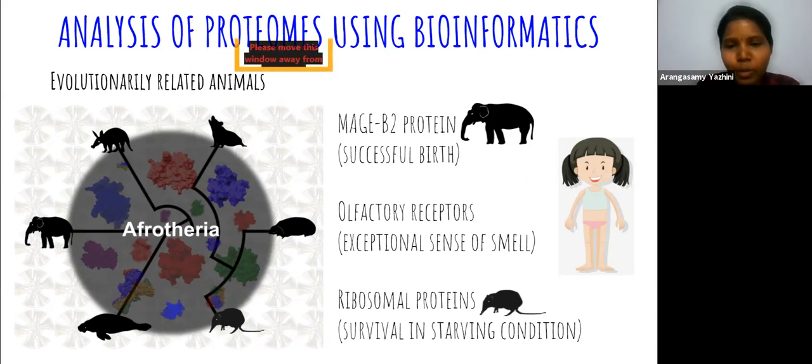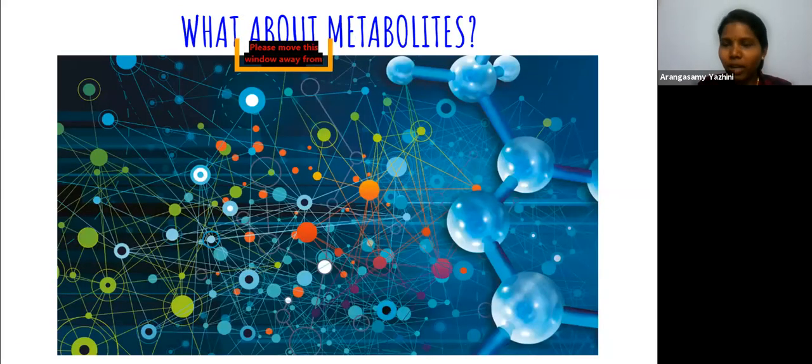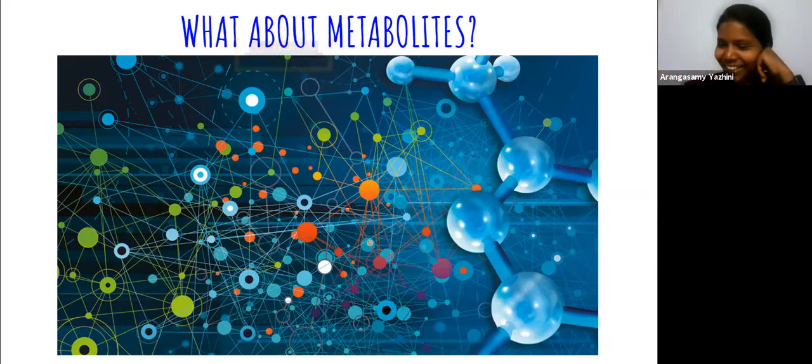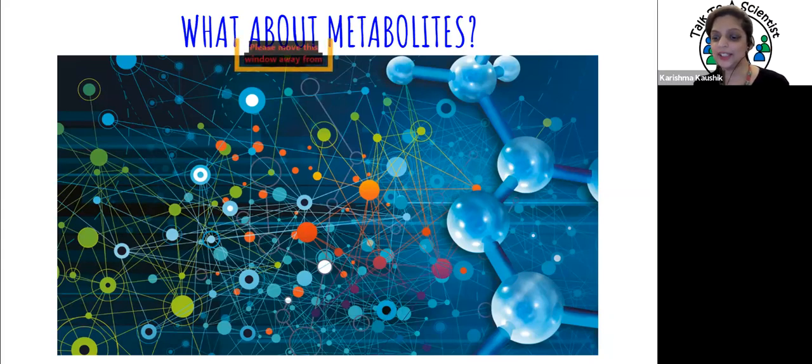So this is at the proteome level. There is one more level called metabolites. Whatever we eat, small molecules, and the sugar gets decomposed into other molecules, right? Those concentrations in the cells and their interactions are called metabolites. And when you study all the metabolites in the cell, any guess what it is called?